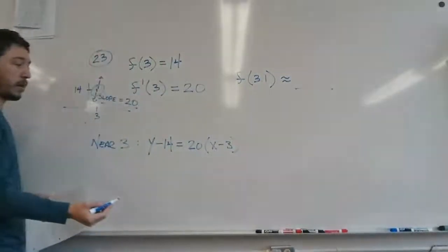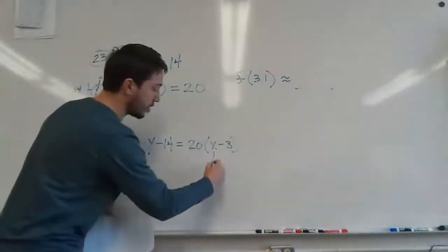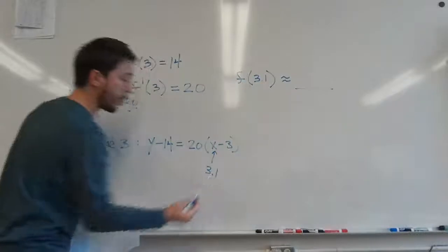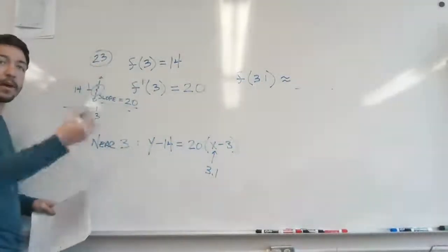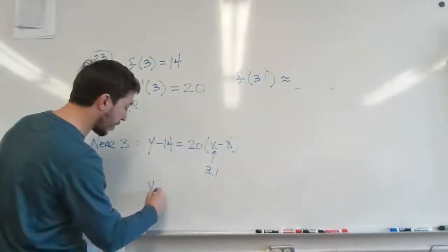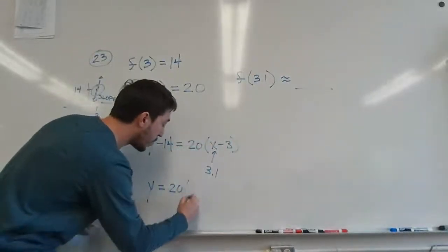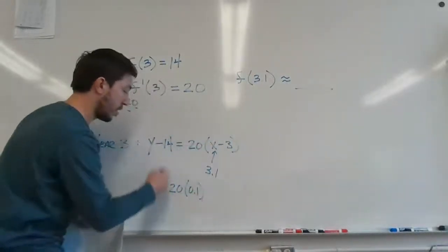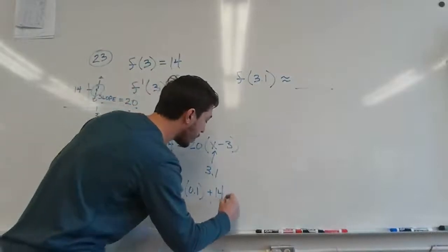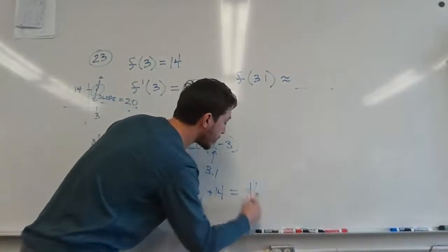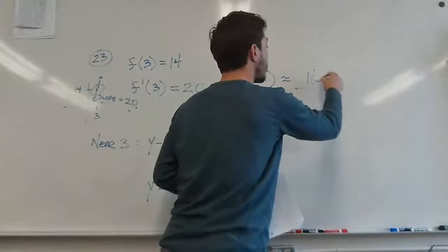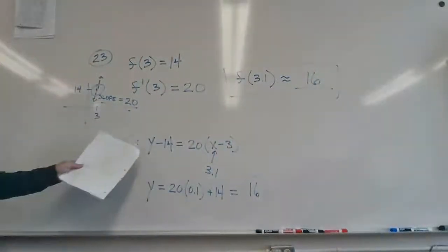And then all I got to do is plug in 3.1 for my x value to get the y value. So my y value would be 20 times 0.1 plus the 14, which of course would give me 16. So the answer is 16. Does that all make sense?